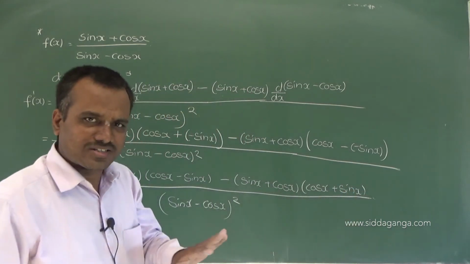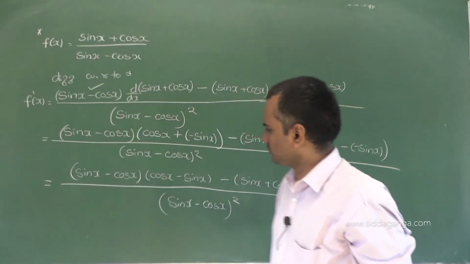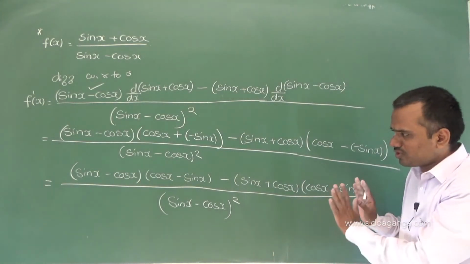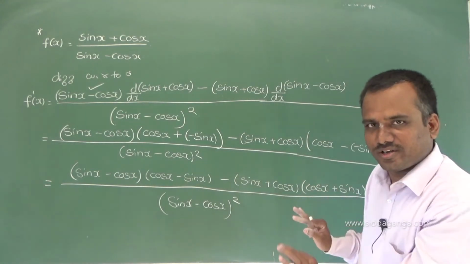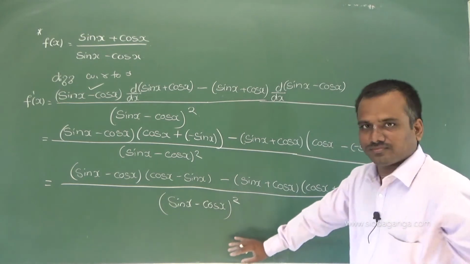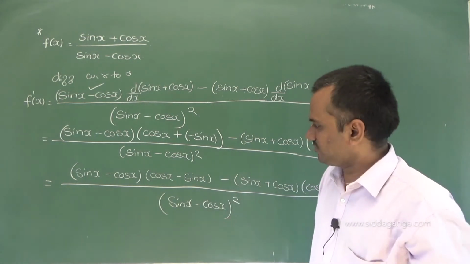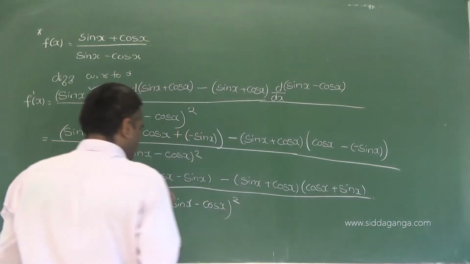If you keep as it is, no problem. Up to this, no problem. If you want to continue, better I will continue. See the steps. This is enough. We differentiate, it is enough.